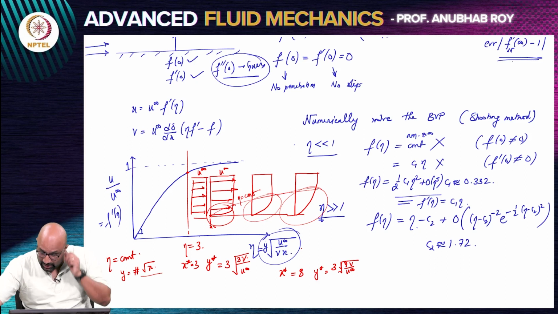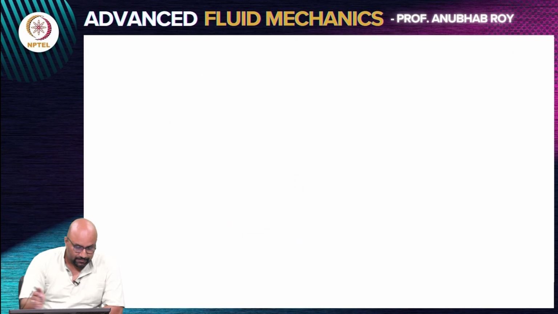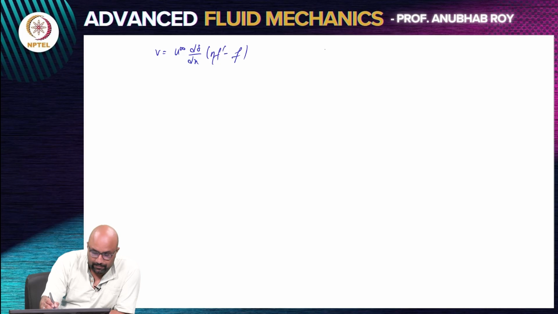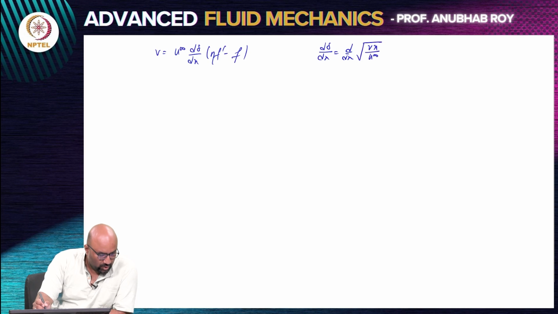Now what about the vertical velocity, v? As I wrote down, v is u infinity d delta/dx times (eta f prime minus f). Now, d delta/dx is d/dx of square root of nu x by u infinity.